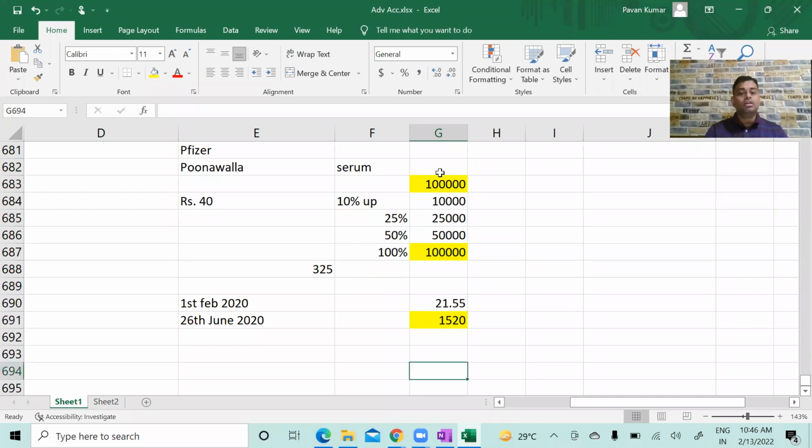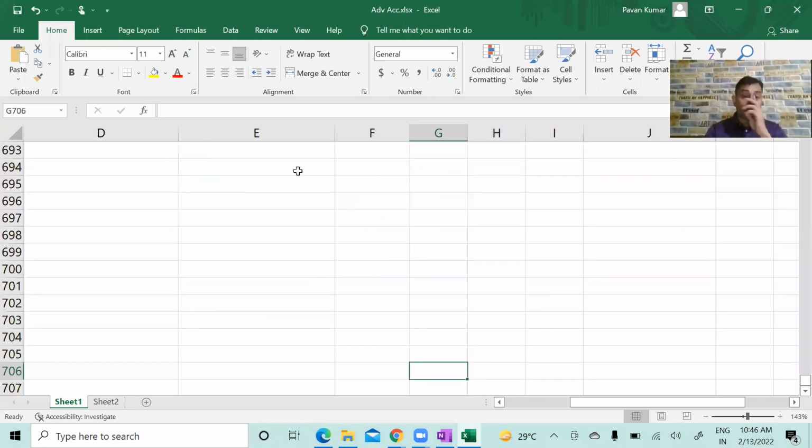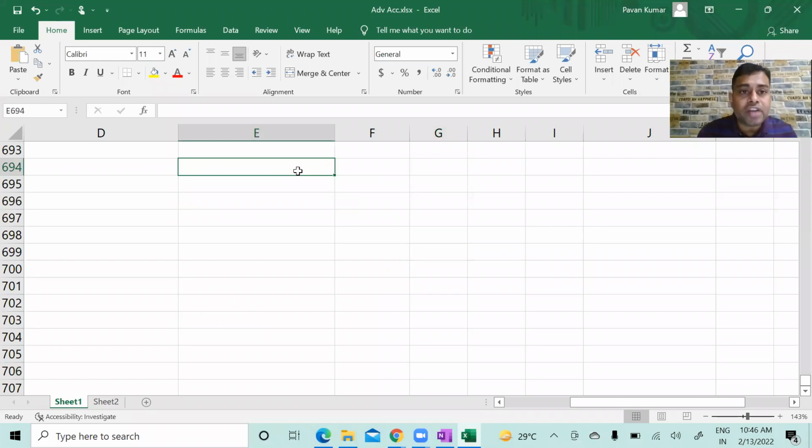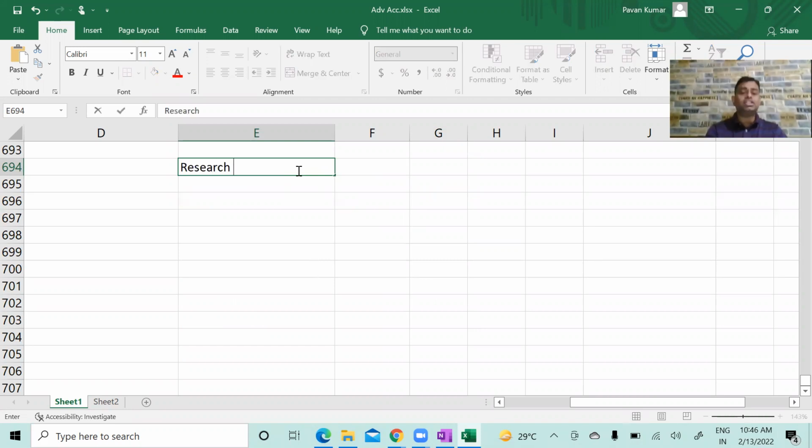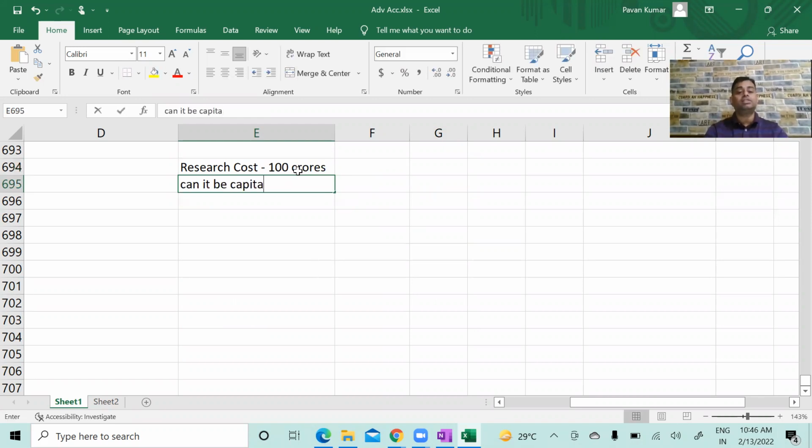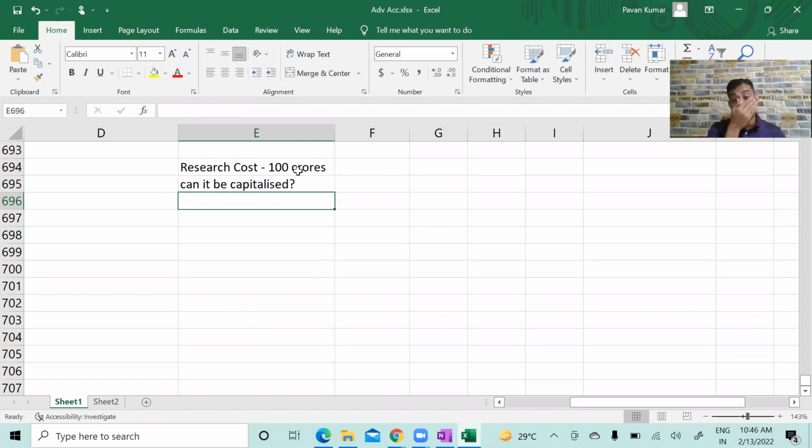Correct? Yes, sir. So before they got the nod from government to manufacture and sell this vaccine, don't you think they might have done a lot of R&D? Yes, sir. So research cost 100 crores. Can it be capitalized? No, sir.